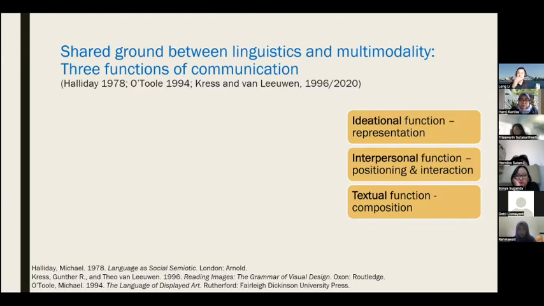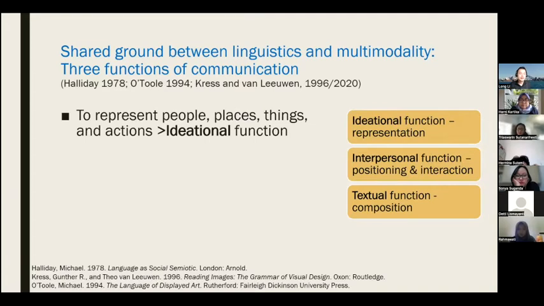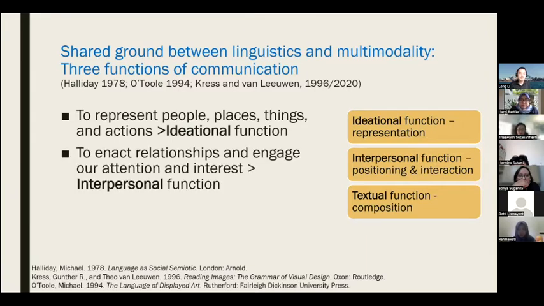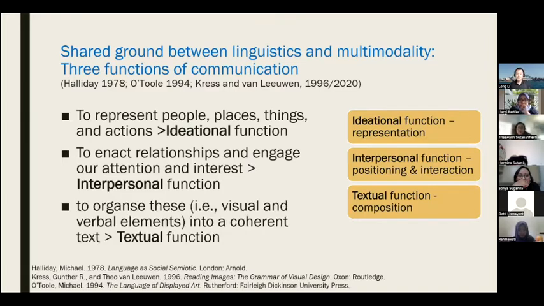So that includes the ideational, interpersonal, and textual functions. The ideational function is to represent people, places, things, and action. The interpersonal is to enact relationships and engage our attention and interest. The textual function is to organize both the ideational and the interpersonal, both visually and verbally, into one coherent text.